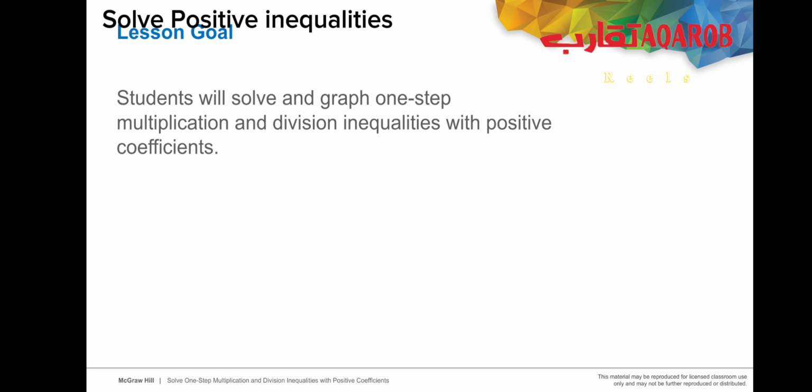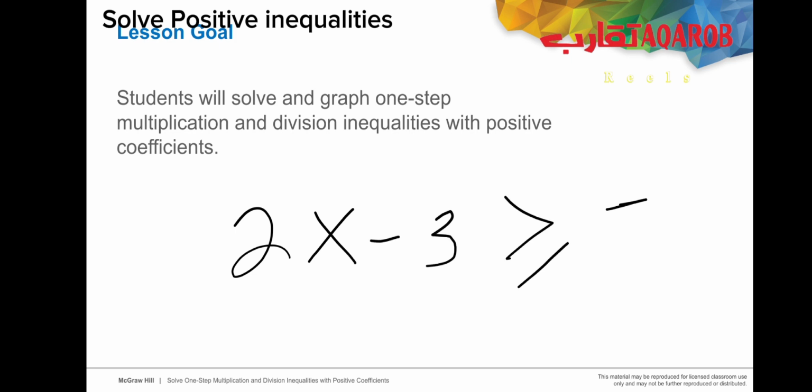Now, what is a coefficient? When you hear the word coefficient, let's look at this example: 2x minus 3 is more than or equal to 5. I have here three numbers, 2, 3 and 5. 3 and 5 are constants since they are not multiplying by any variable.